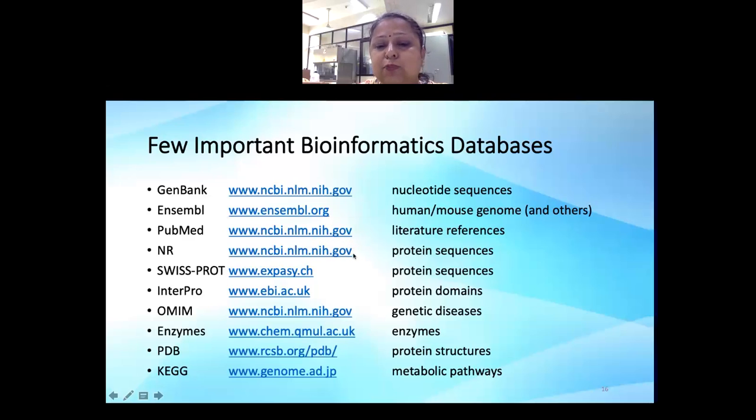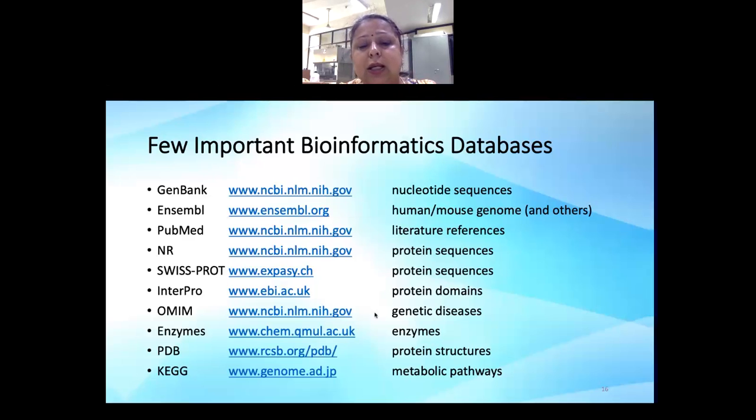NR, which has protein sequences. SwissProt, which is on the ExPASy server, having protein sequences. InterPro, which is a database from the UK. It holds protein domains. If you want to find out any domain of a particular protein, you can visit InterPro.